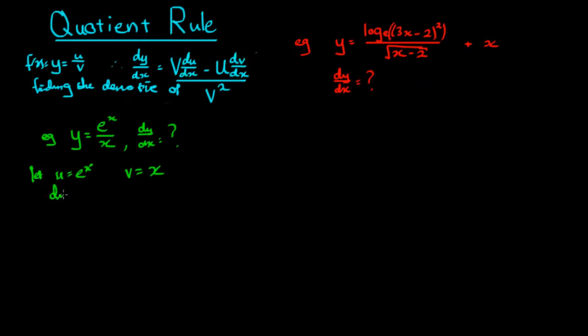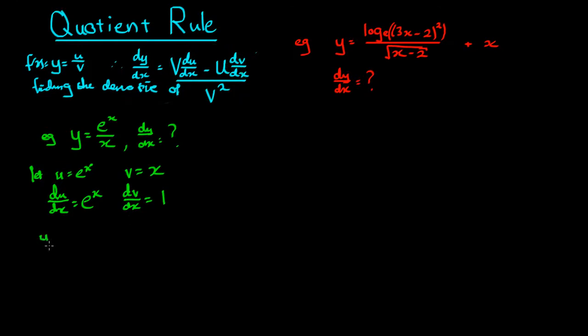So we say du dx is the derivative of e to the x, which is e to the x, and dv dx is the derivative of x, which is just 1. So now we have all four components to plug into this formula up here.